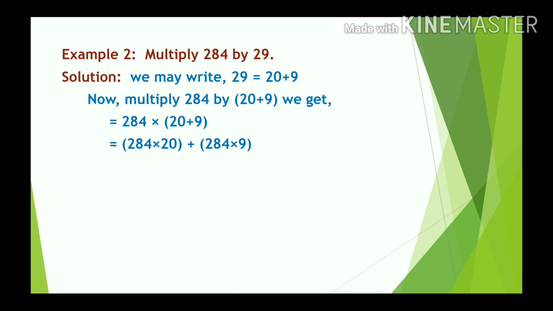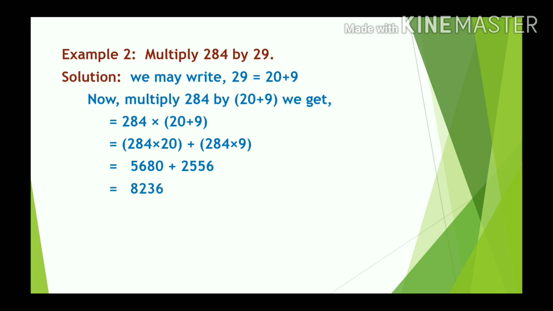and after multiplying we have to add the answers. Now after multiplying 284 into 20 we get 5680, and the multiplication of 284 into 9 is 2556. Now we have to add both of them.